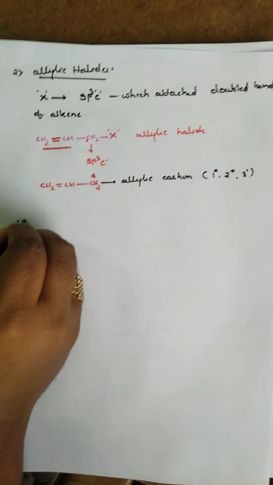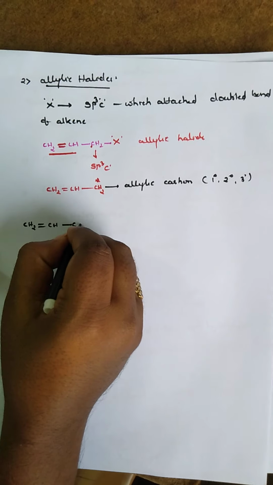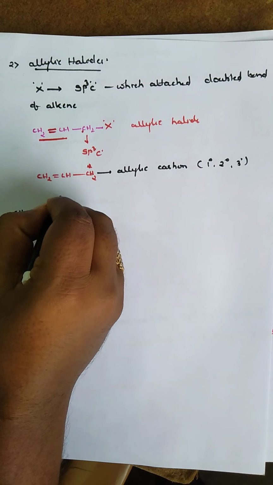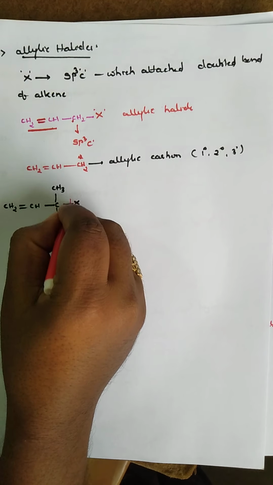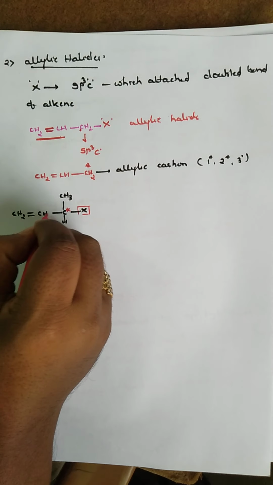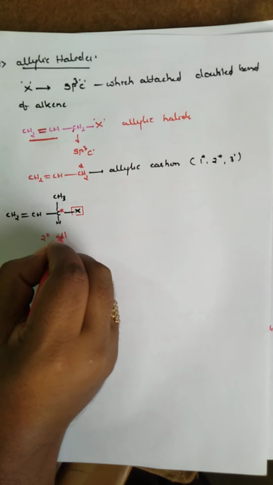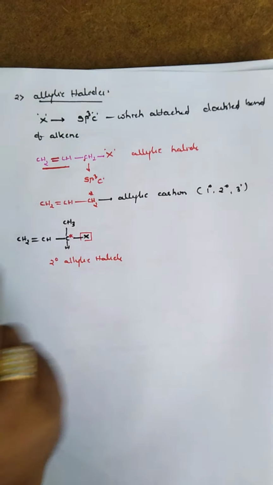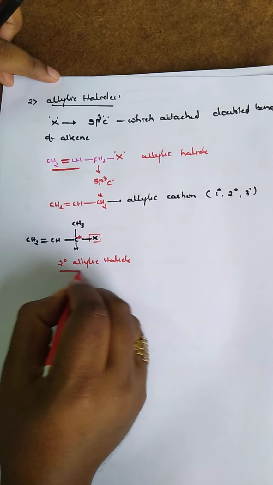We will see: CH2 double bond CH, then C, then X and hydrogen, where one hydrogen is replaced by a methyl. So here, the halogen is attached to this carbon, which is attached to two carbons. That's why we will call it a secondary allylic halide. That means the halogen-containing carbon is attached to two carbon atoms, so we call it secondary.